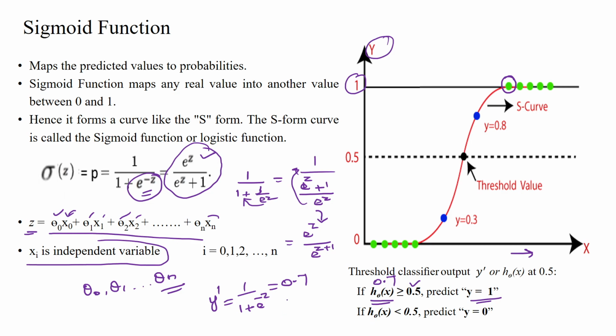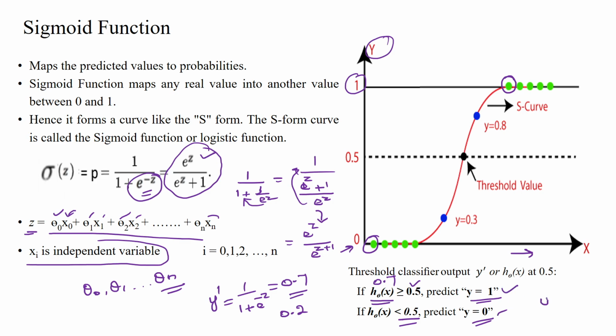Now if my predicted value is 0.2, which is less than 0.5, then we mention the value of y as 0. Like that, wherever we get values between 0 and 1, we have to make them into either 0 or 1.